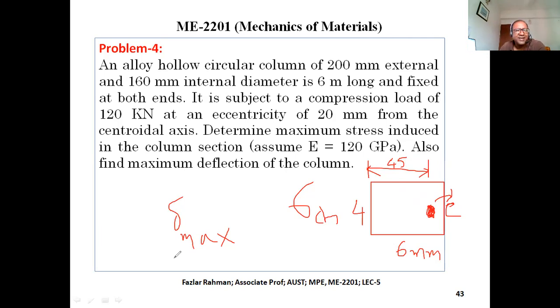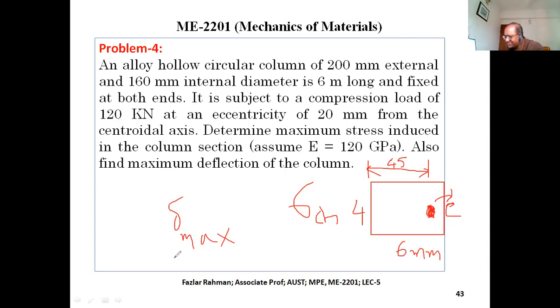Let me ask one more student. Tell me, is point C the CG of the cross section? Yes or no?